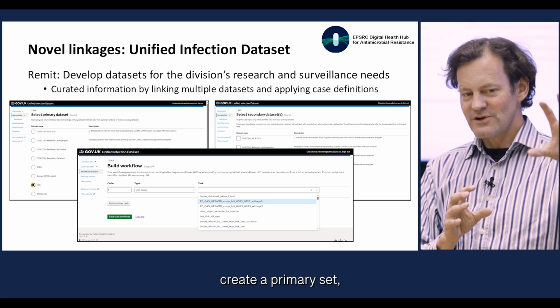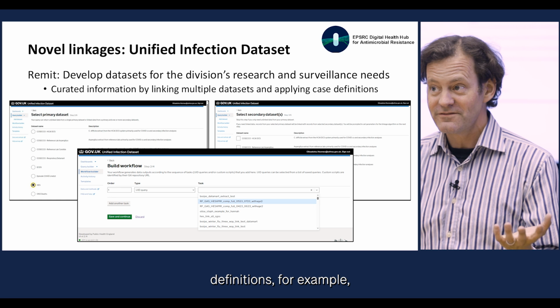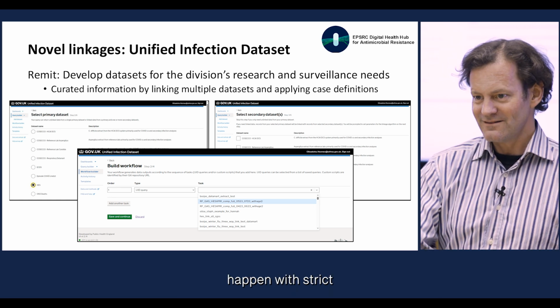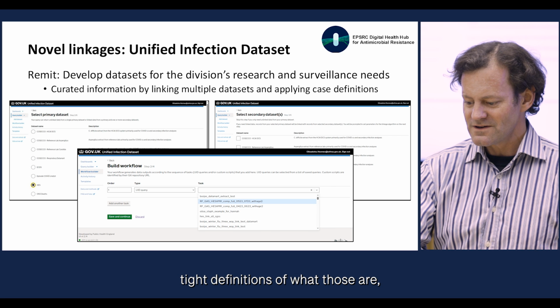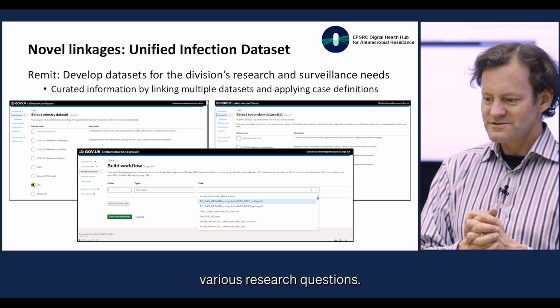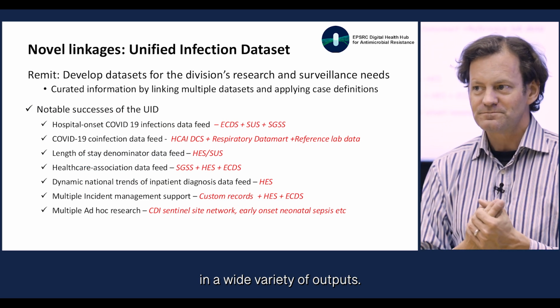And you create a primary data set, create a secondary data set, you merge them together, you apply case definitions. For example, how many bloodstream infections happen with strict, tight definitions of what those are. And then you can build up a workflow and answer various research questions. And that's really helped us in a wide variety of outputs.